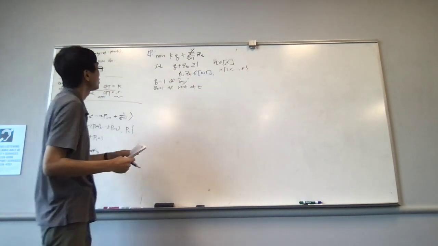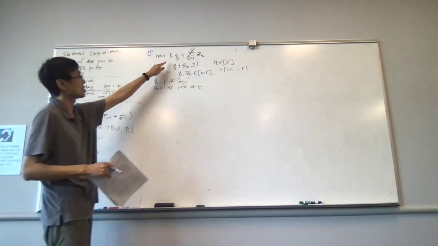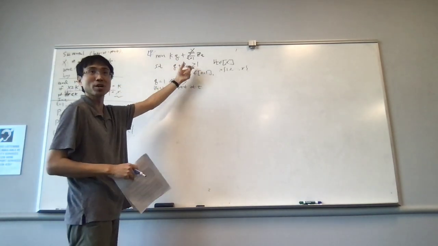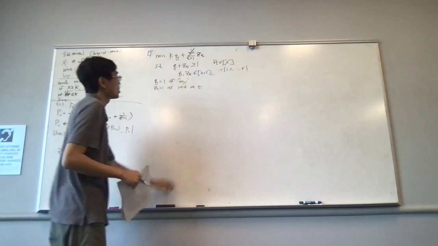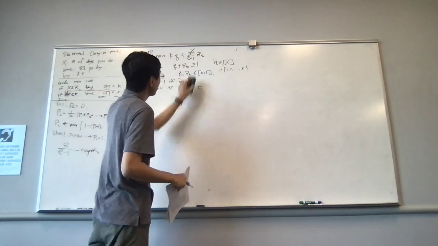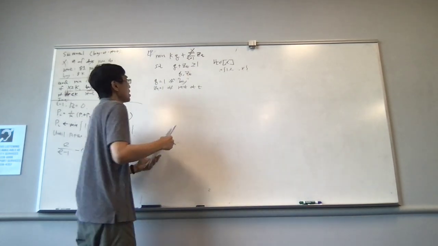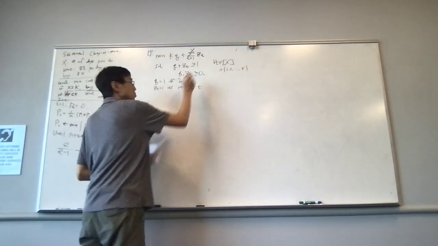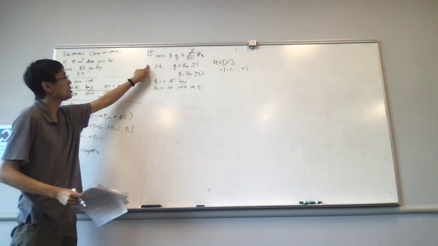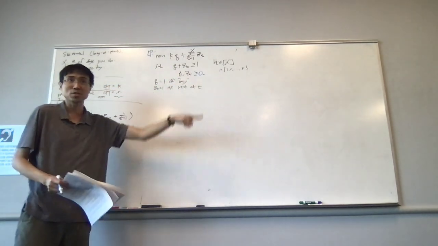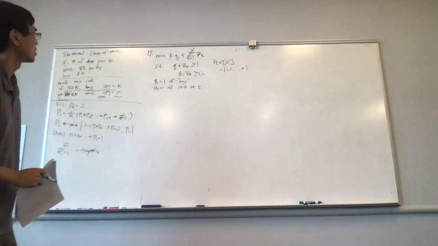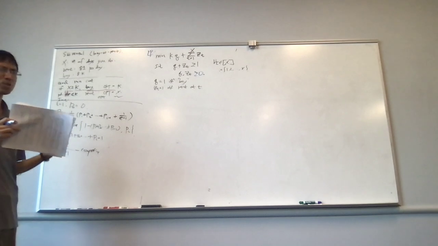However, to minimize this objective, there's no reason to set Q or Z_t more than 1. Therefore, this upper bound of 1 will be redundant. The optimum solution to this linear programming will never set Q or Z_t to more than 1. So yeah, this is the linear programming.